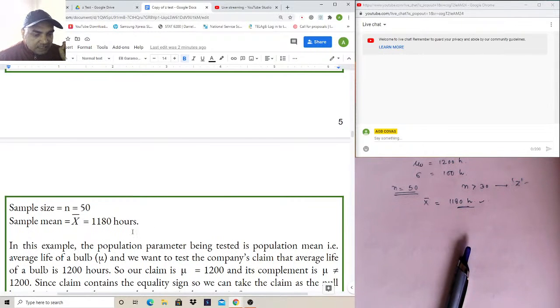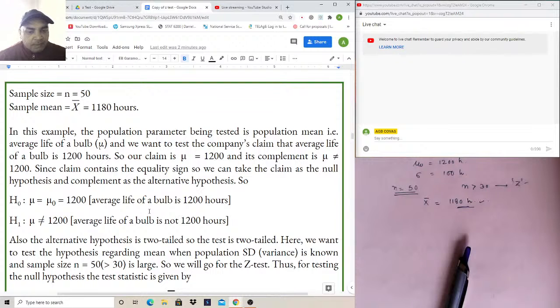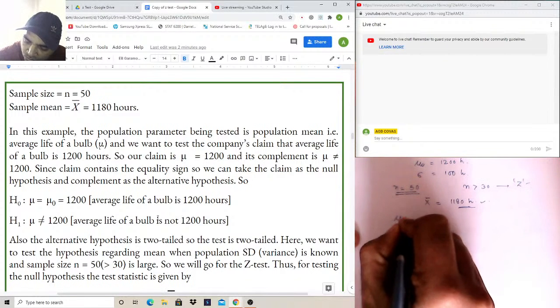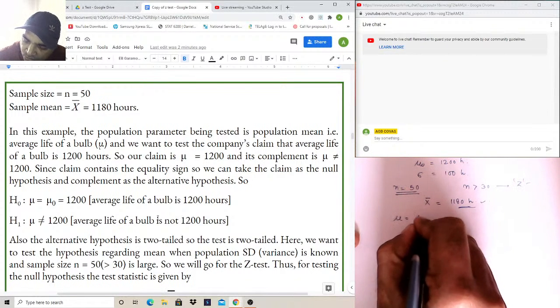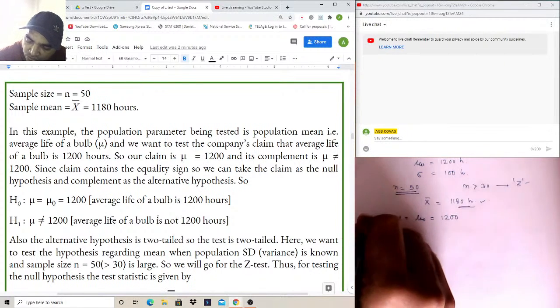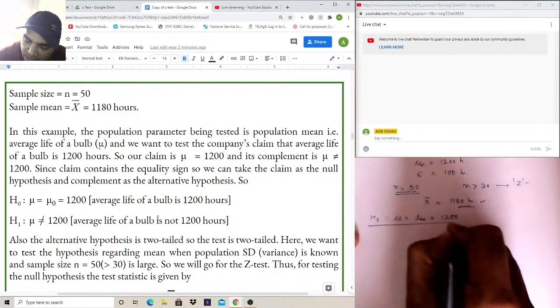In this example, the population parameter being tested is the population mean. And that population parameter is the company's claim that its average bulb life is 1200 hours. So our claim that mu, the population mean, is equal to 1200 constitutes the null hypothesis.